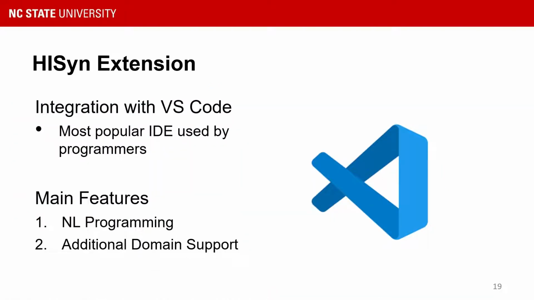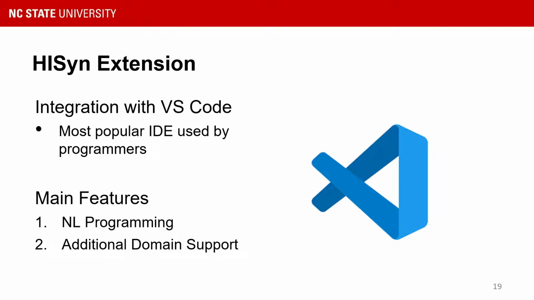Okay, so now that we know HiSyn works and how it works, let's see how to actually use it. As mentioned, the intended audience for HiSyn is programmers. With that in mind, we have decided to integrate the tool with the Visual Studio Code IDE, which is one of the most popular IDEs currently on the market used by programmers.